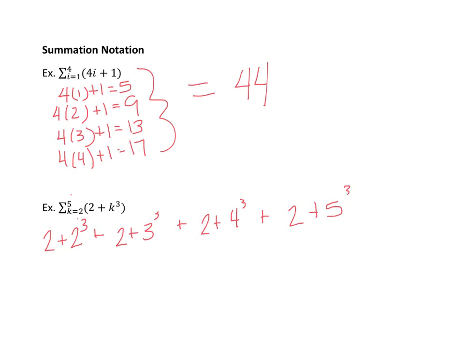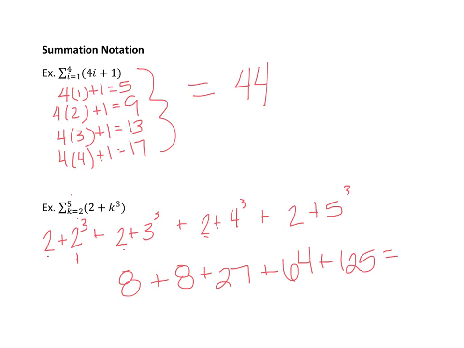Sometimes writing it out like this, you can see a pattern easier. 2 plus 2 plus 2 plus 2 is going to be 8, plus 2 cubed is 8, 3 cubed is 27, 4 cubed, 64, 5 cubed is 125. Add it all up. 64 plus 27 plus 8 gives me 232.